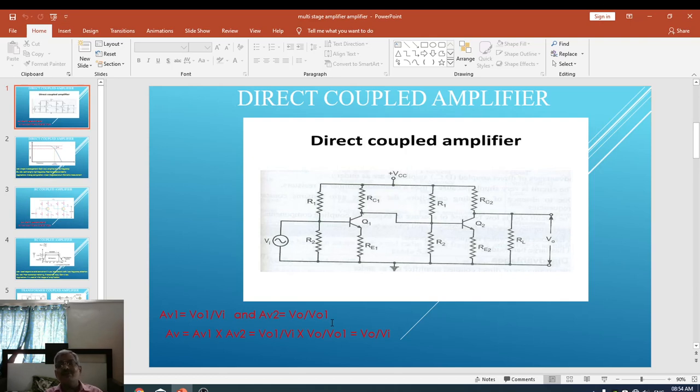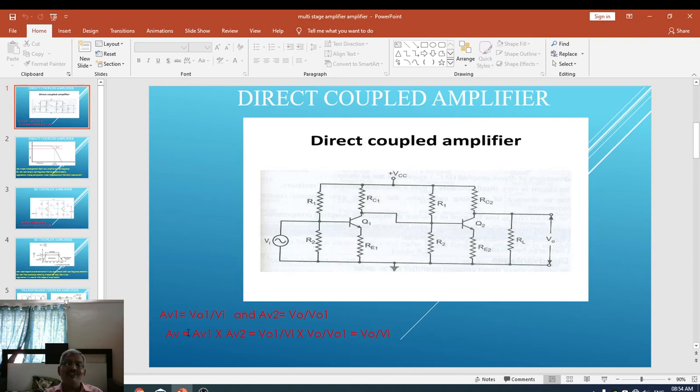We are aware that the net gain of this two-stage amplifier is the product of the individual gains of the respective stages, as we studied when we introduced the multi-stage amplifier.